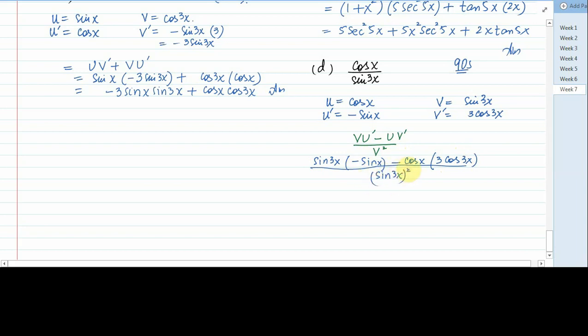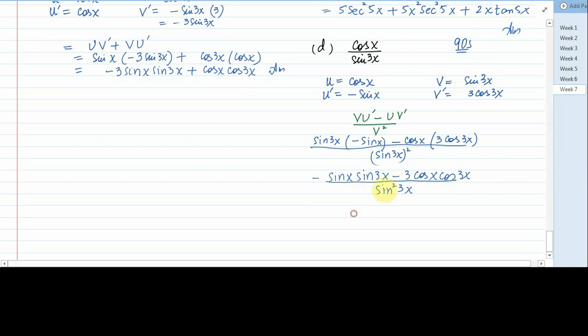Now we need to simplify it, so that will be minus sine x into sine 3x minus 3 cos x into cos 3x, divided by sine square 3x.